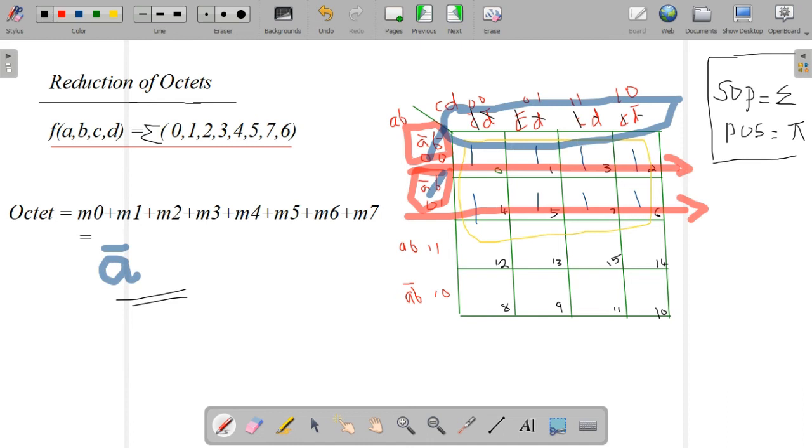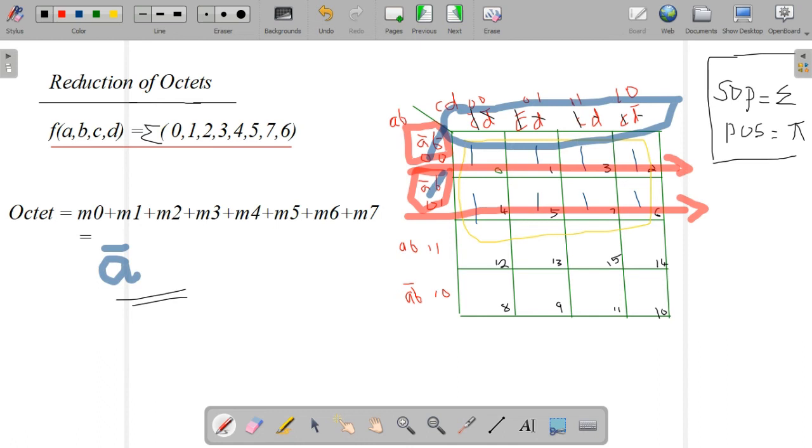You have to remember one point, we have to remove the variable which changes its state from complement to uncomplement, like B dash and B, C dash and C, D dash and D. Which one is never changing, that we write as the final answer. That is the octet reduction rule.